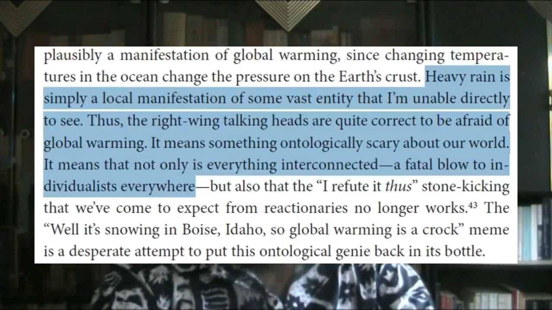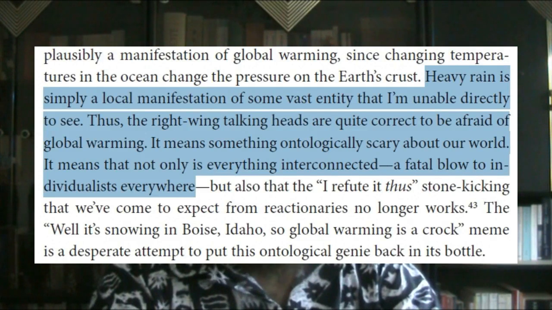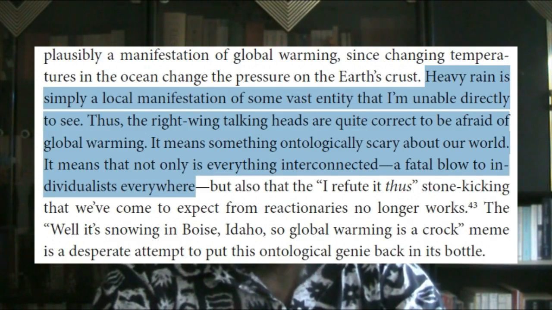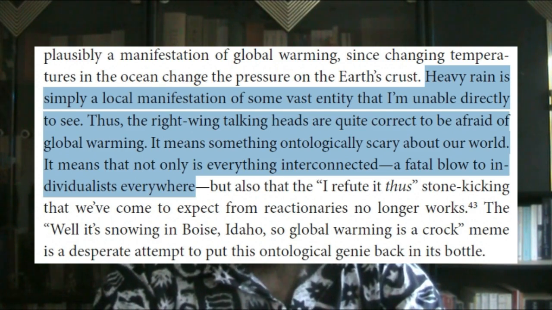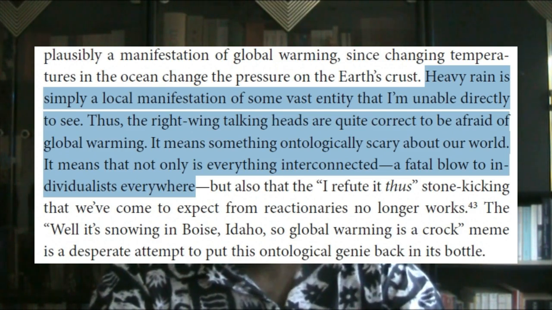As he says, heavy rain is simply a local manifestation of some vast entity that I am unable directly to see. Thus, the right-wing talking heads are quite correct to be afraid of global warming. It means something ontologically scary about our world.